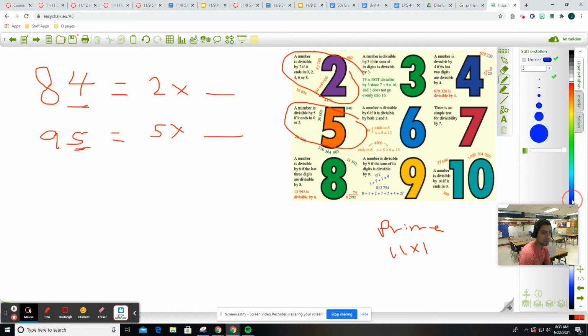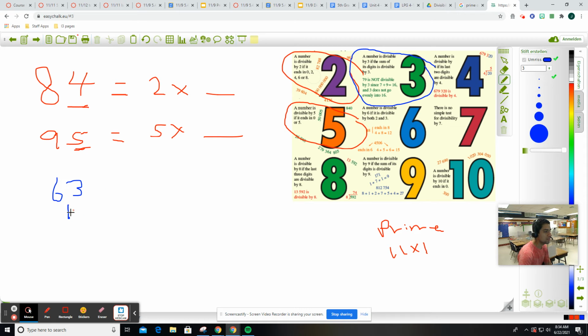We could do another rule here. We can see here, if I had 63, right? 63 doesn't end in 2, 4, 6, 8, 5, or 0. But we can look at the rule of 3 here. It says a number is divisible by 3 if the sum of the digits is divisible by 3.